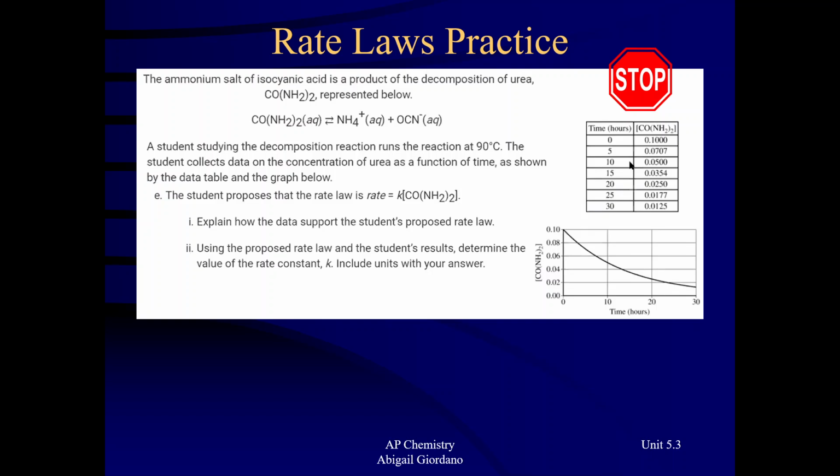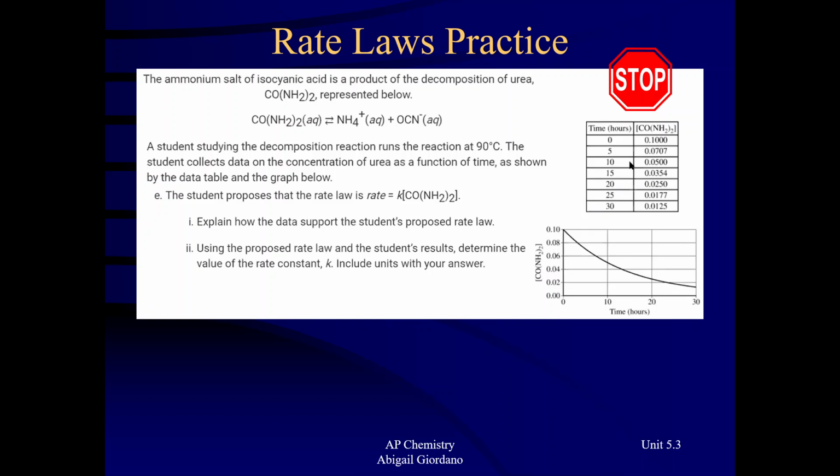The student collects data on the concentration of urea as a function of time, as shown by the data table and the graph. The student proposes that the rate law is rate equals K, and then we're shown the molarity of urea, and look at the exponent. There's nothing there, which indicates that the student is proposing that this is first order.